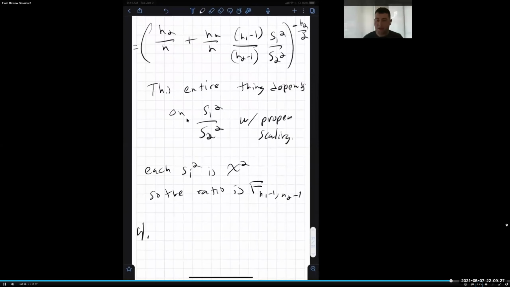Those are just constant scales, though. That will essentially become a chi-squared then. So we still need to scale the S1 squared and S2 squared by a certain amount to get the F distribution. I think you just have to multiply them by this, actually. I need to remember exactly what it is. That's my problem, I didn't write it down.